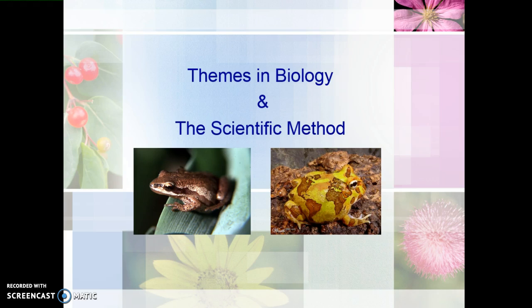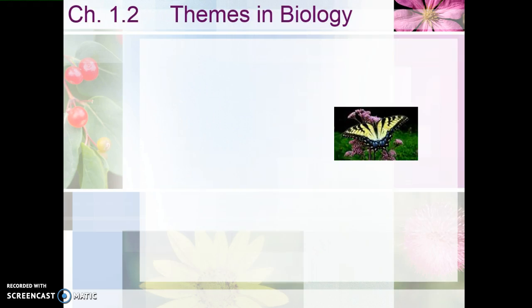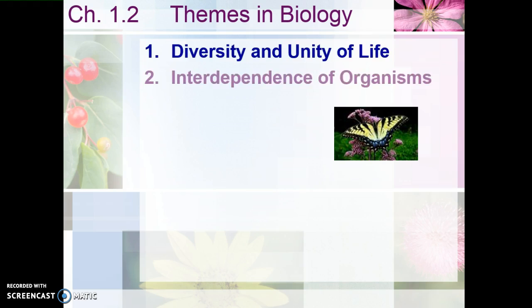We'll focus first on just themes in biology. There are three main themes that we're going to be looking at, and all of these we're going to cover later on in the semester. These are just the introduction to them. Diversity and unity of life is looking at how organisms are similar, things like the characteristics of life, but also how they're very different from each other in the way they look, the things they do, and the niche they fill.